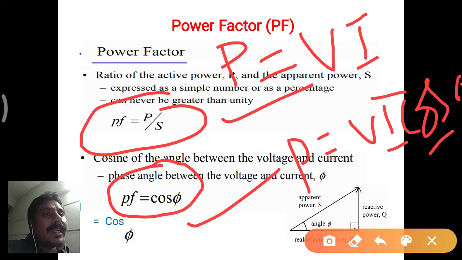If cos theta is decreasing, the power value is decreasing. So we always hear that if we are not maintaining the power factor at unity or the desired value, we have to pay a penalty to the electrical power companies.